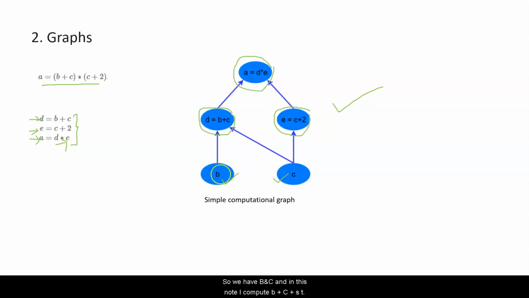So we have B and C, and in this node I compute B + C and assign it to D. Similarly, in this node I compute C + 2 and assign it to E, and finally in my parent node, my root node, I compute D * E and assign it to A.